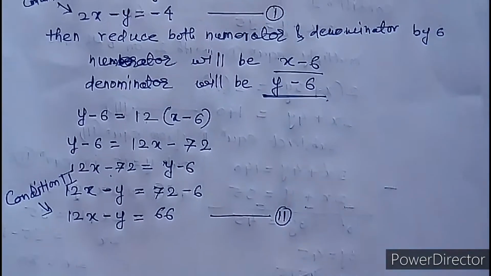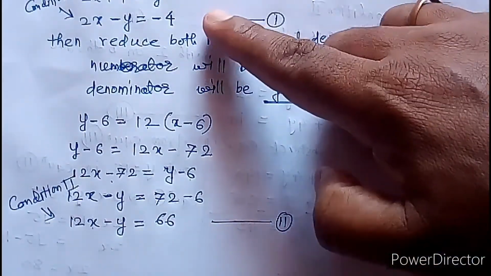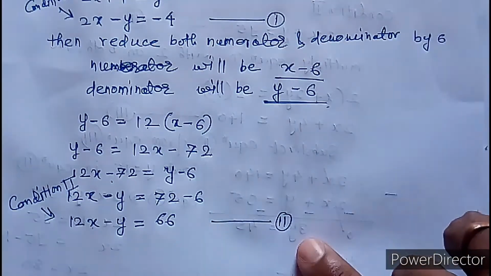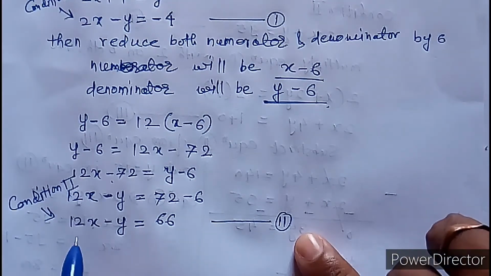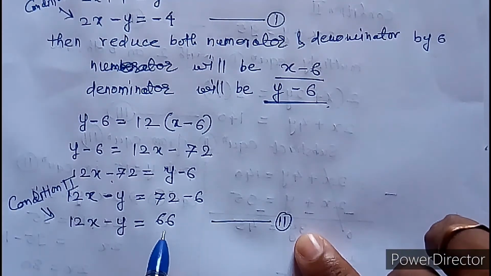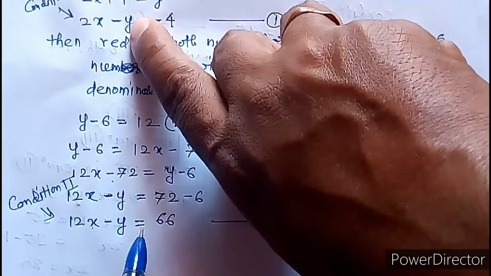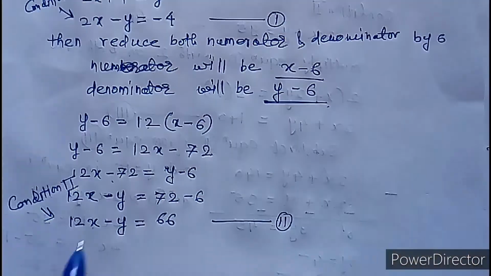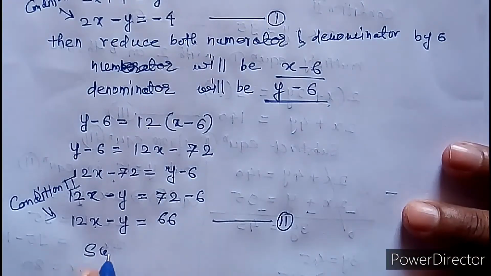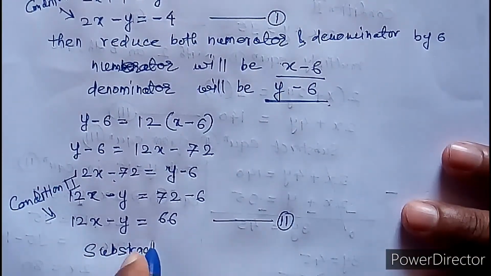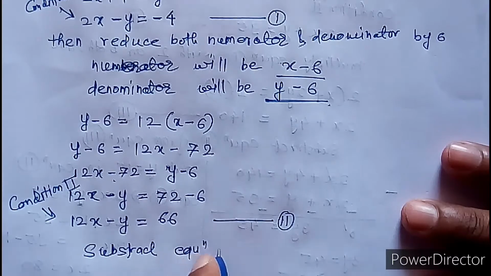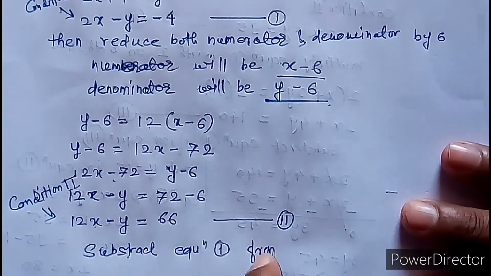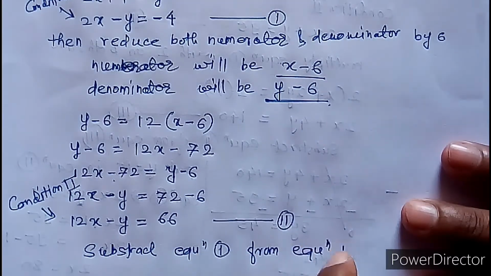Now equation number 1 is 2x minus y equals minus 4, and equation number 2 is 12x minus y equals 66. The coefficient of y is minus 1 in both, therefore we subtract equation 1 from equation 2.